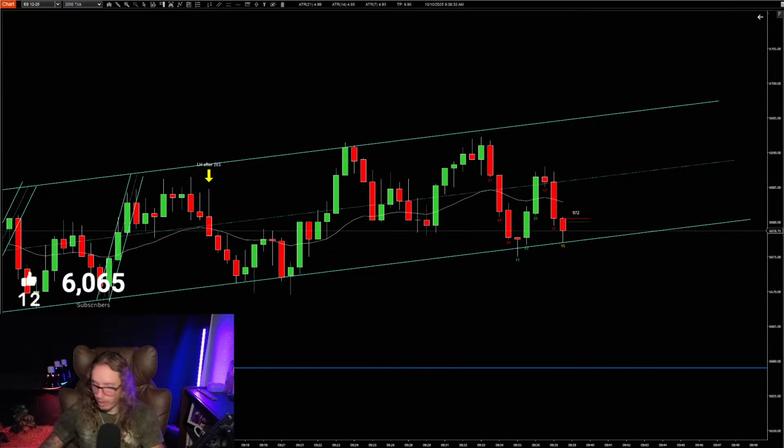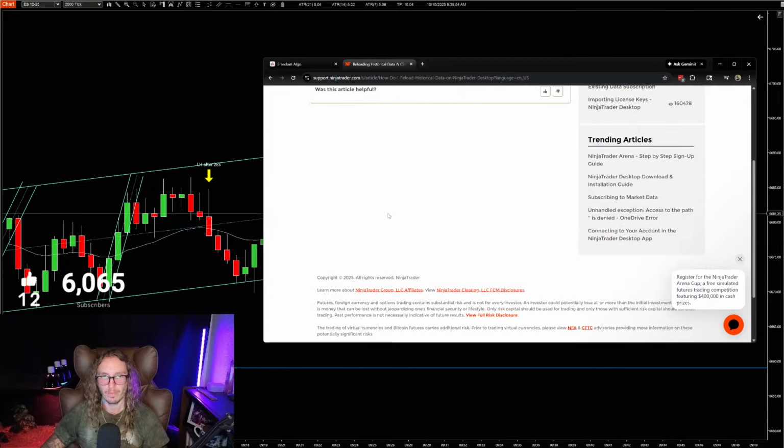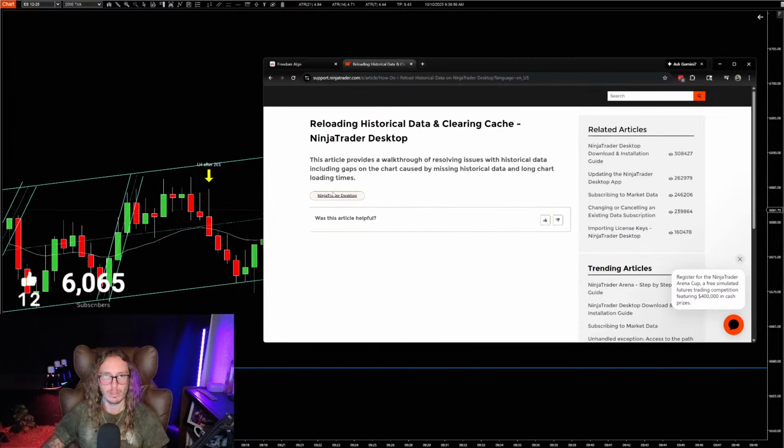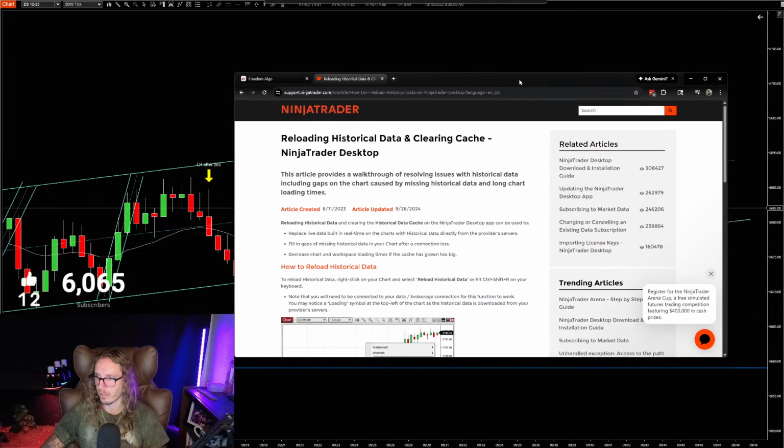I'm going to get a couple of things pulled up here. So first thing is this, NinjaTrader. Why didn't that load? Hang on a second. Article's busted. Okay, that was weird. I refreshed it.